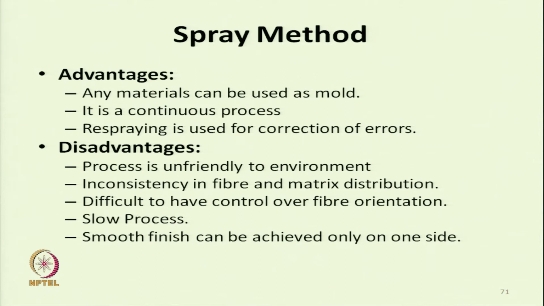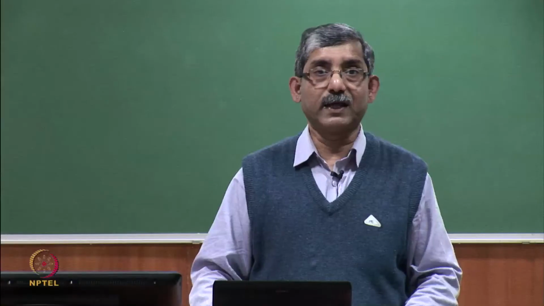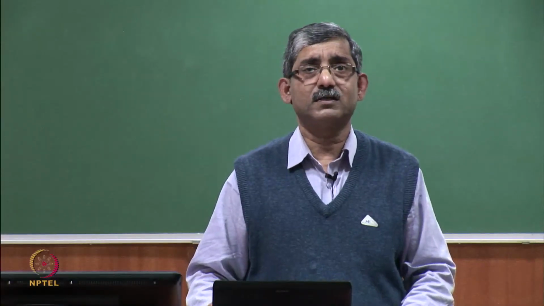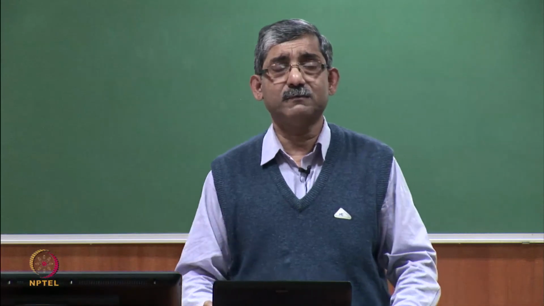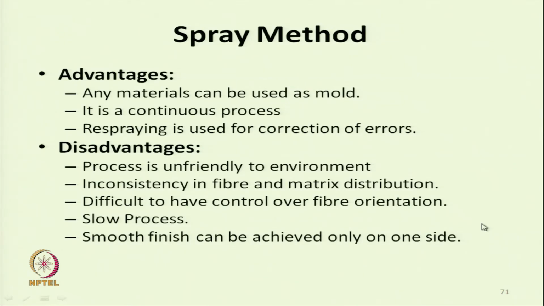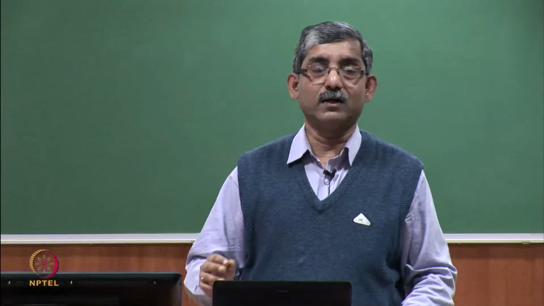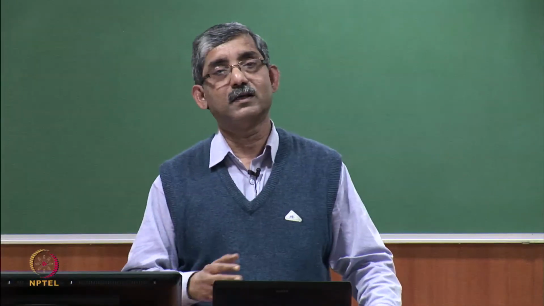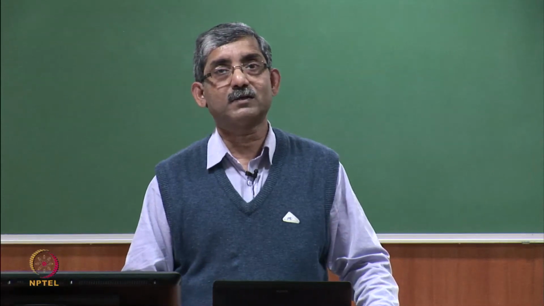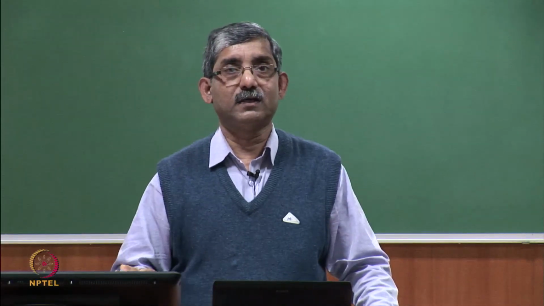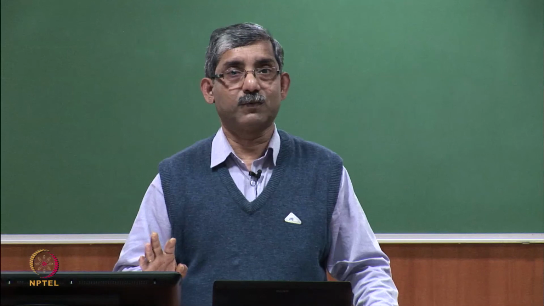The mixing is done indirectly through the spraying method, so there is a chance of inconsistency. Fiber orientation is not controlled. If we want unidirectional orientation, it is not possible, because fibers are deposited with the help of a spray gun.